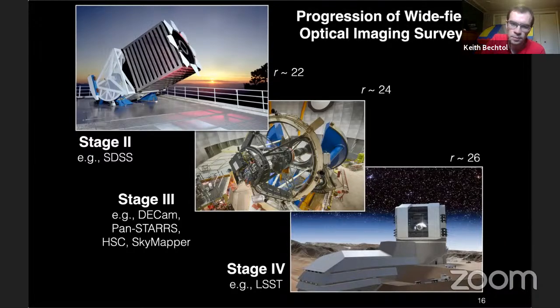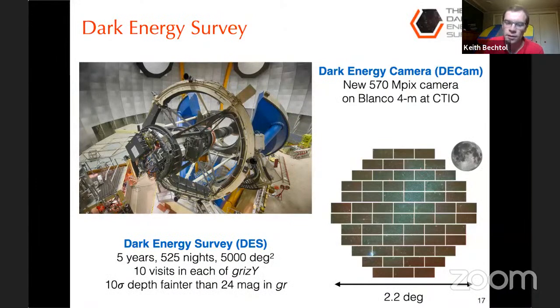reaching further out into the Milky Way stellar halo. So to talk about the Dark Energy Survey specifically, it uses the Dark Energy Camera, this 570 megapixel camera mounted on the 4-meter Blanco telescope at CTIO. The survey was conducted over a period of 6 years.